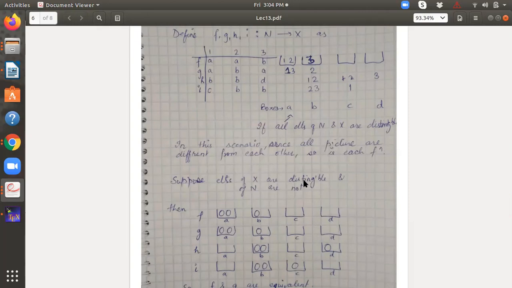It's okay, great. Now I will do the reverse thing, which means I will take the elements of x to be non-distinguishable and elements of n to be distinguishable, which means what do I have to forget now? I have to forget the labeling of the boxes, and I have to remember the labeling of my balls. Correct?